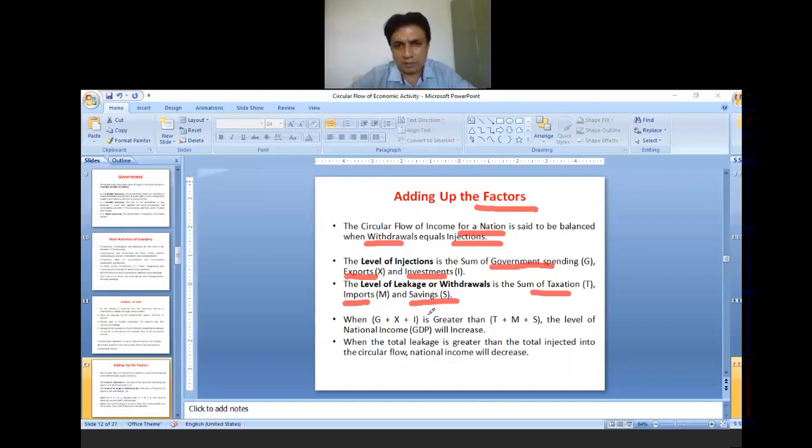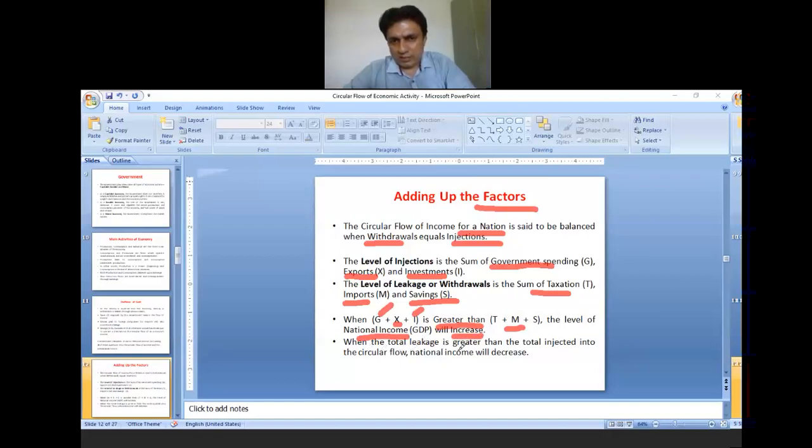As you can see, I have abbreviated these factors into symbols. When G, meaning government spending, plus exports plus investment is greater than the level of withdrawals, then the level of national income, or the GDP, will increase.